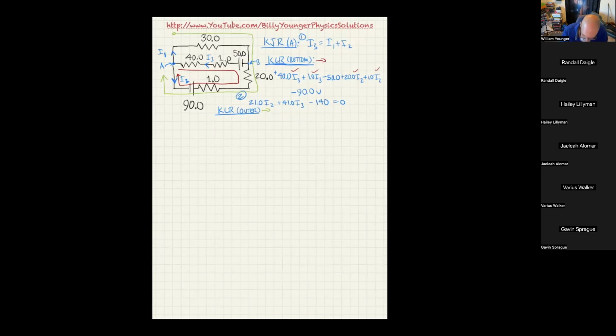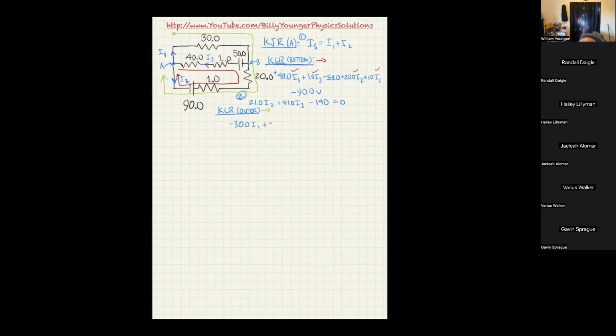Now I'm going back to my blue, and now I'll start at junction A, and notice this time, because I'm going up and to the right, I'm going the same direction as I1. So the 30 ohms is in fact a voltage drop. So I'm going to say minus 30.0 times I1. And then I get all the way back down to the 20 ohms. And this time I'm going against the current.